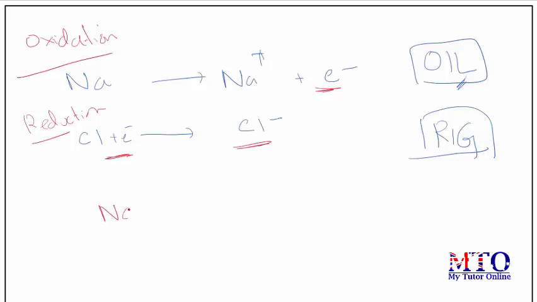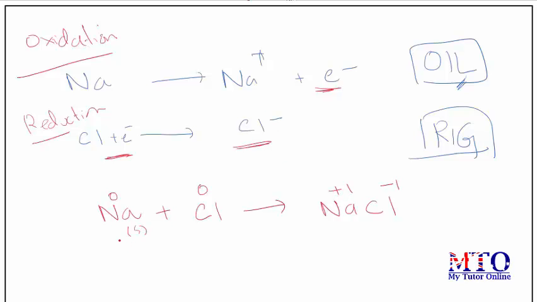So we can write it like this: sodium and chlorine combining to form this ionic compound. In atomic form, each has zero charge, because it's in neutral form, and in the compound the charges are +1 and -1.